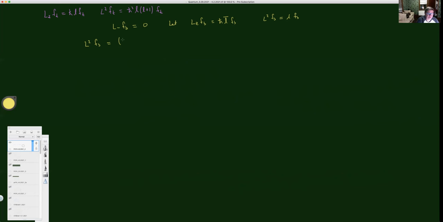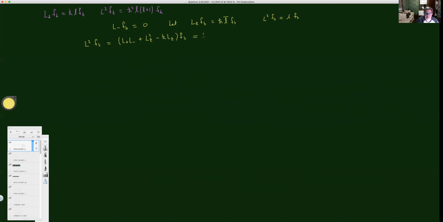So I have L plus L minus plus LZ squared minus, so now we have a minus H bar LZ acting on our FB. Again, when this acts on the FB, it gives me 0. This term's going to go away, so I'm just not even going to write it.